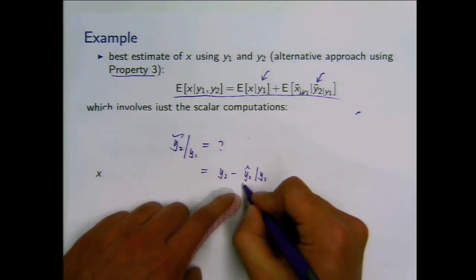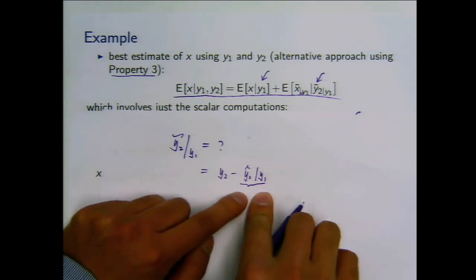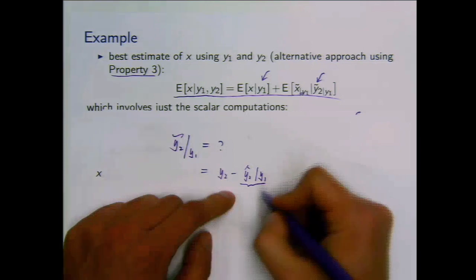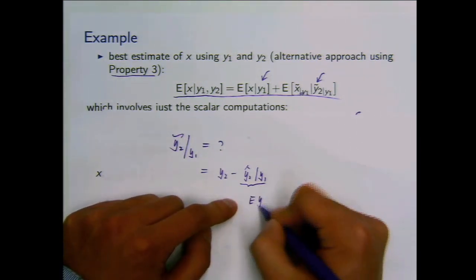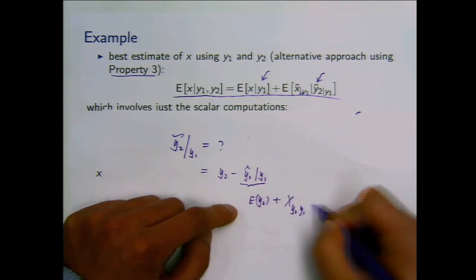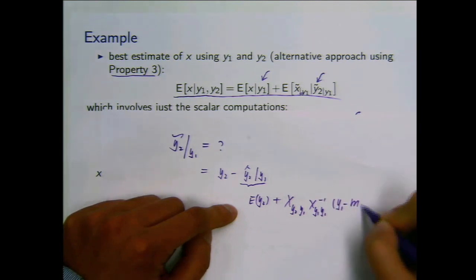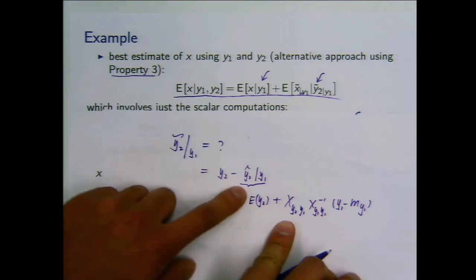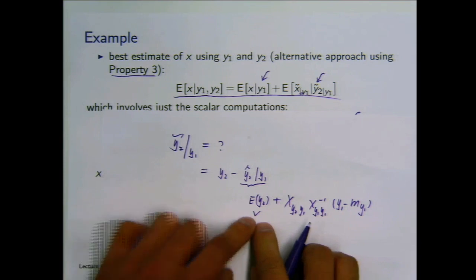I'm asking how do we obtain this? What is that formula? Exactly. So just apply the conditional mean equation here. I can know the expected value of y2 without problem.